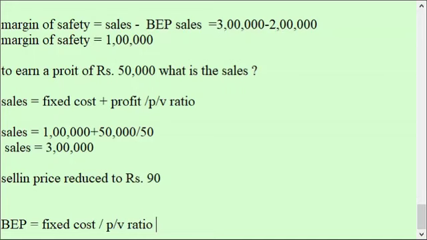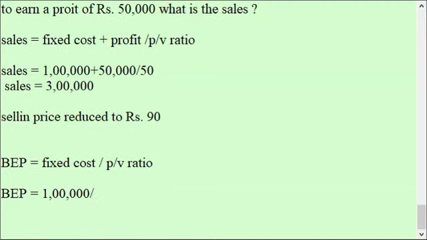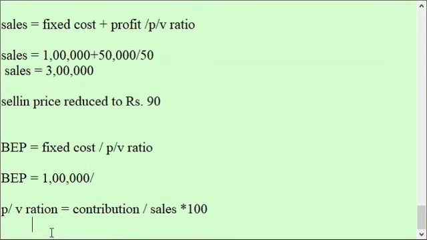PV ratio. Okay, fixed cost we know is 1 lakh rupees. This is divided by the PV ratio, so we need to apply the PV ratio formula. PV ratio is equal to contribution divided by sales into 100. Now the selling price has been changed from 100 rupees to 90 rupees, but the variable cost is 50 only.